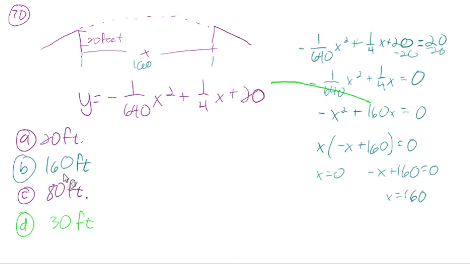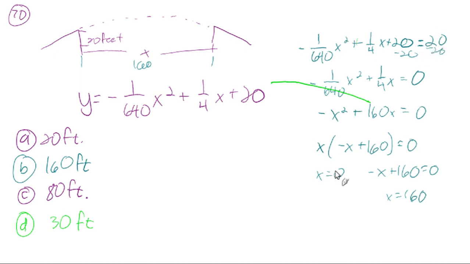Okay, so there it is. We got the 20 feet right there by just understanding that when he lands on this other ramp, it's at 20 feet high. This is 160 feet because whenever this equation that we're given is equal to 20, it means that at that distance x, he's at a height of 20.